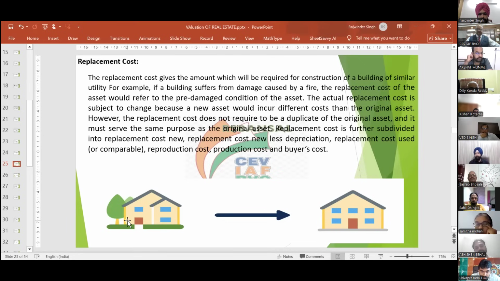But usefulness is the same. Let us suppose, for example, a partition wall which was constructed with mud mortar 40 years ago, and it was plastered on both the sides.